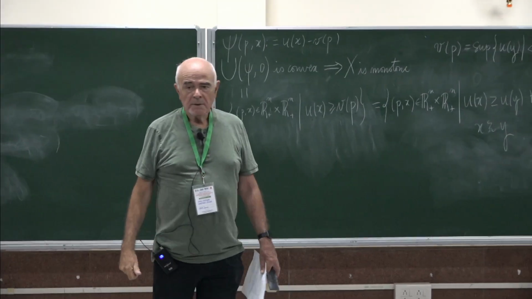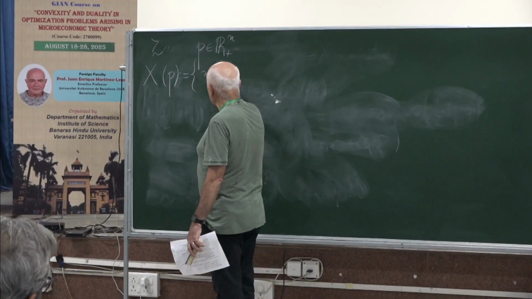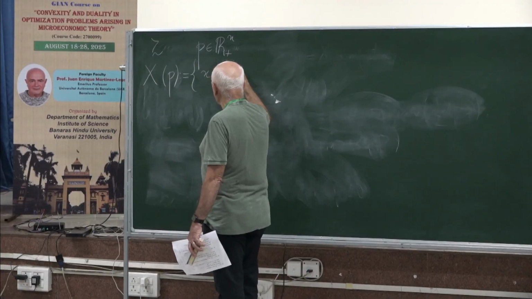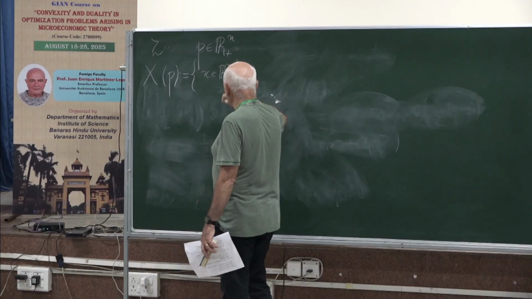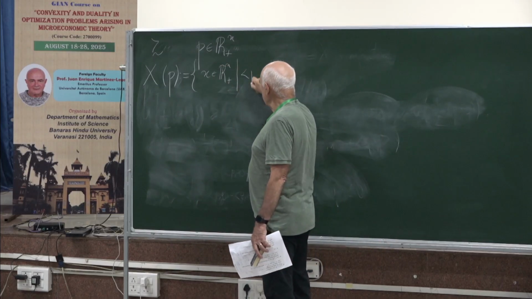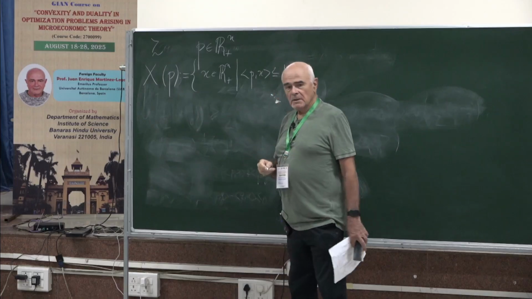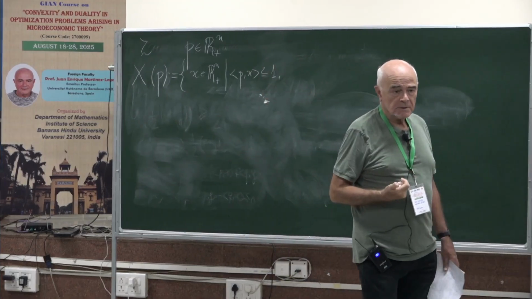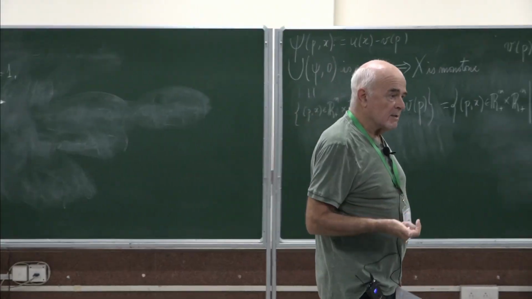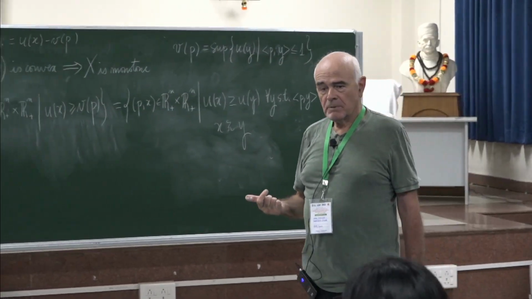X of P is the set of X in R plus N that satisfy the budget constraint under P, and are preferred to any other commodity bundle that satisfies that budget constraint too.